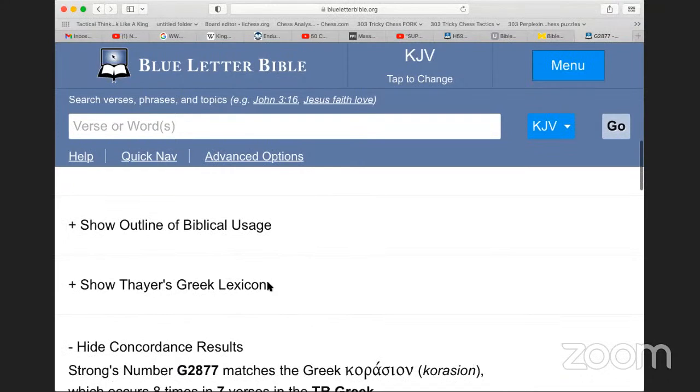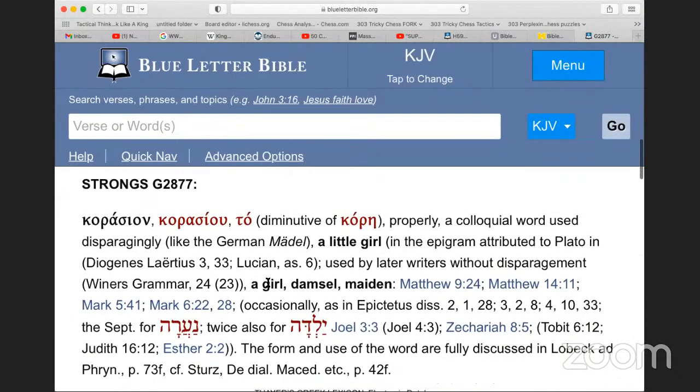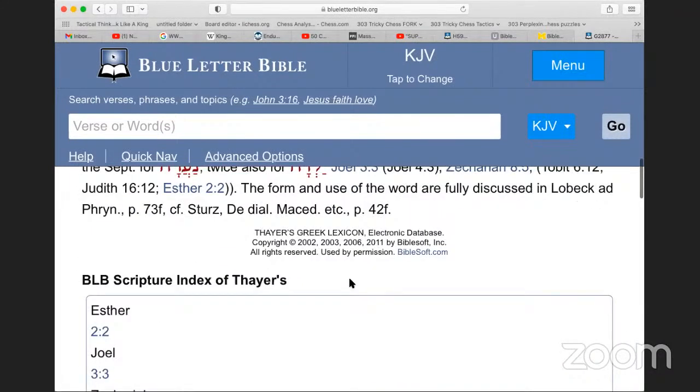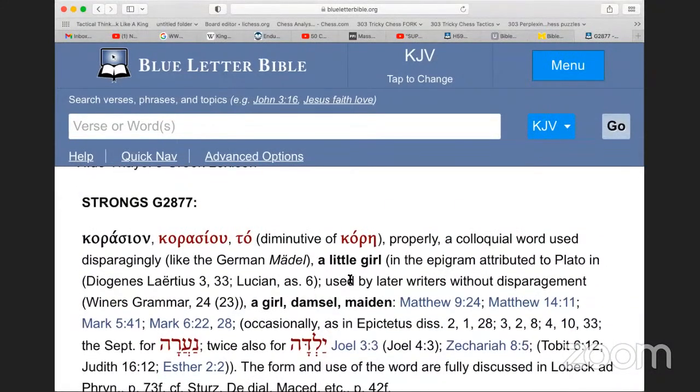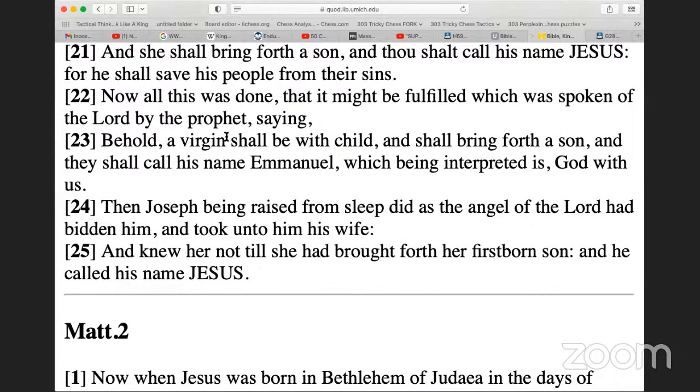Okay. Thayer says, properly a colloquial word used disparagingly, a little girl, a damsel, maiden. I believe that this should have been in Matthew 1:23, not the word virgin. It should have said damsel here.